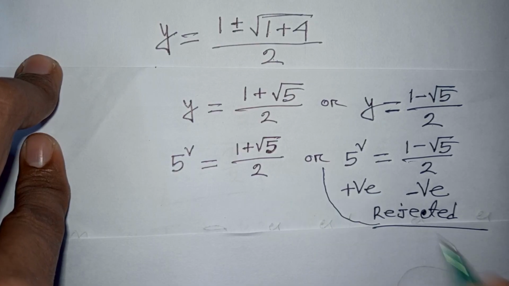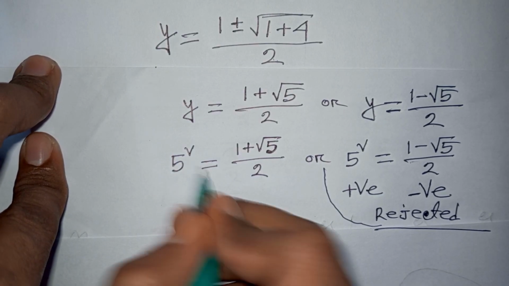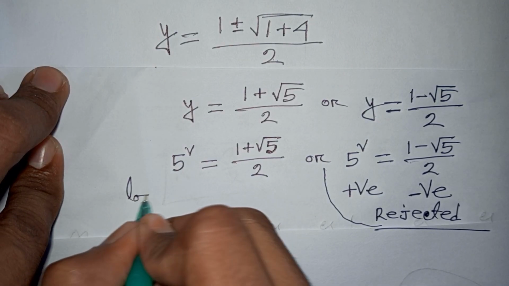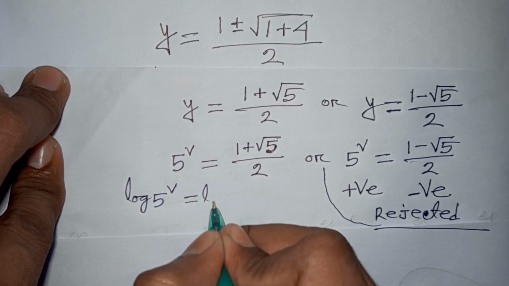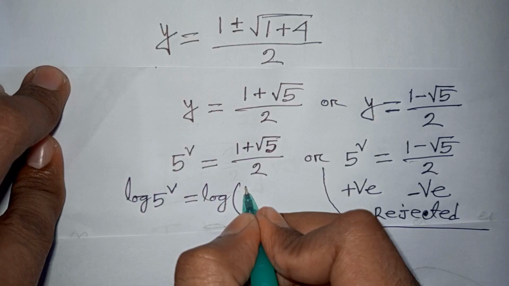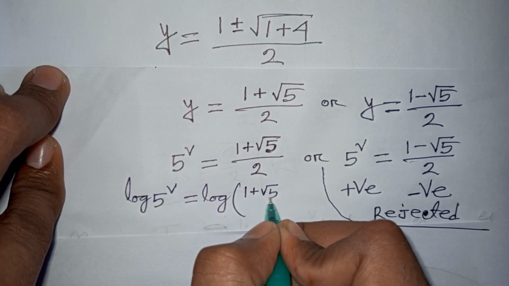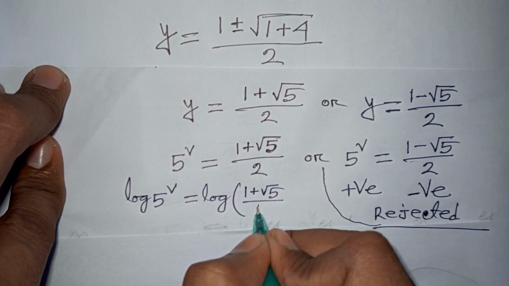Now from here we take log on both sides, so you can write here log of 5 power v is equal to log of 1 plus square root of 5 over 2.